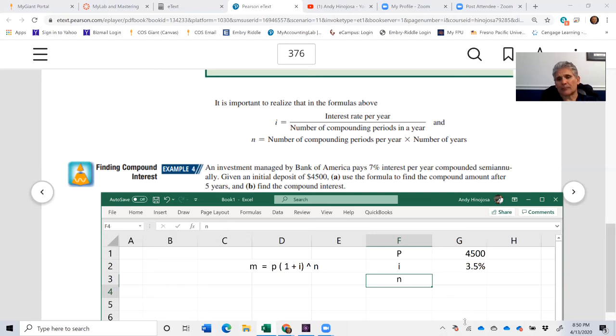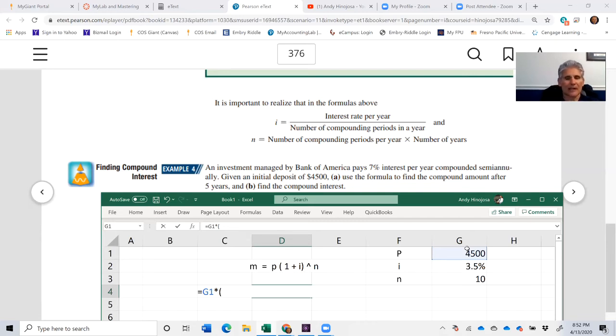N is the number of compounding periods. They told us that this was for 5 years, but we're going to multiply that by 2, and we get 10 compounding periods. So I'm going to take the P. The P is 4,500. But before we do the multiplication, we have to solve inside the parentheses.